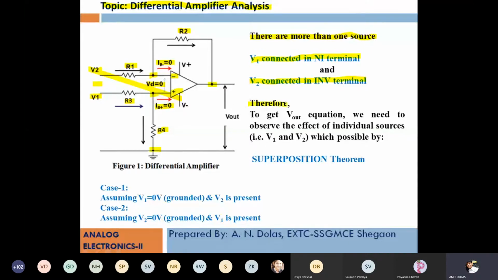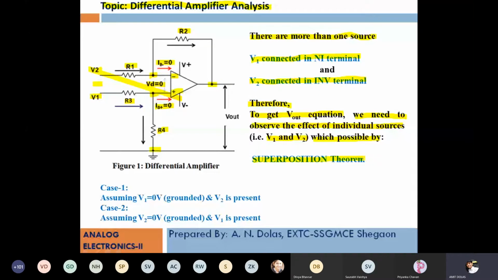Therefore, as you know from network analysis, to get the output of this circuit, that is the Vout expression, we need to observe the effect of the individual sources, V1 and V2, which is only possible by what? Only possible by the superposition theorem that you already know from network analysis. What is the superposition theorem? In the superposition theorem, we use one of the sources and the remaining sources are connected to ground, so that voltage will be equal to 0. So we will be analyzing this circuit in two cases.